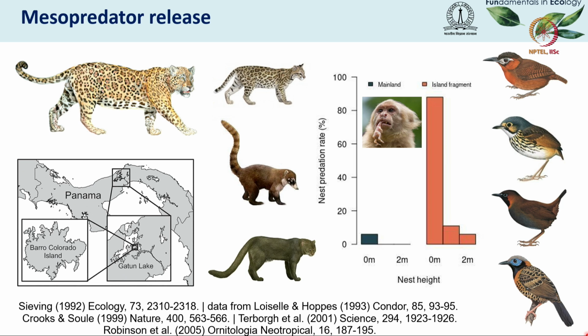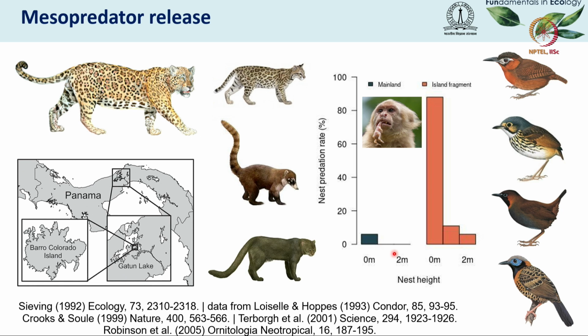Now, because the jaguar has come down in abundance on Barro Colorado Island, these mesopredators have become more active or have increased in abundance. Compare the percentage of nests on the y-axis that have been predated upon in the mainland and this island, at different heights: birds that nest on the ground, 0 meters above the ground, birds that nest 1 meter above the ground, and birds that nest 2 meters above the ground.